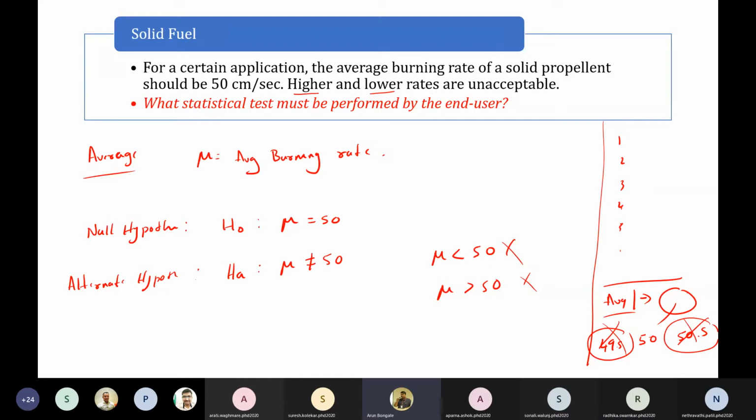Then there may be some environmental factors, okay, temperature variation, some ambient property different, right? Or there may be human errors, okay. And apart from all this, we are not testing the complete population, right?